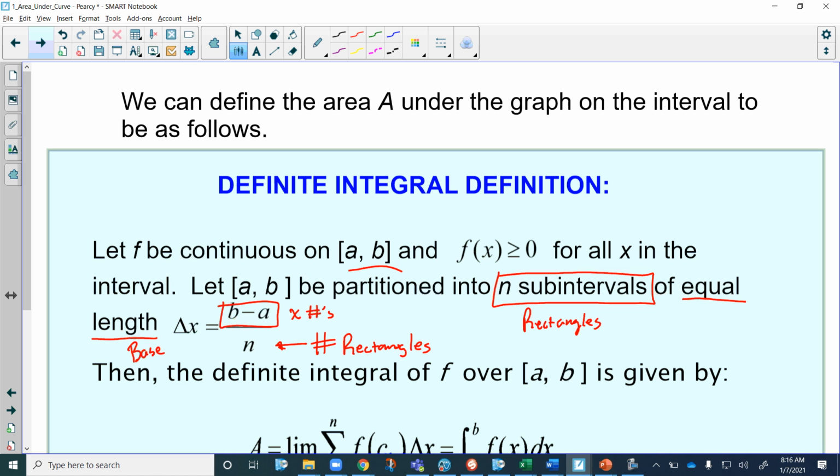By taking the horizontal distance from point A to point B and dividing it by the number of rectangles you're going to be using, that ensures that delta x is a consistently congruent base for each rectangle.